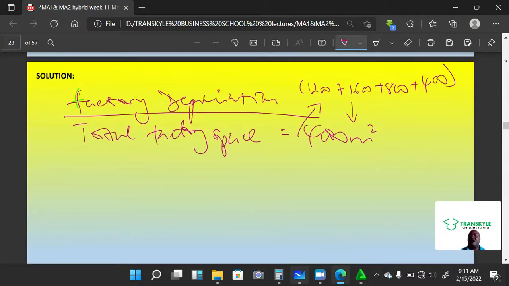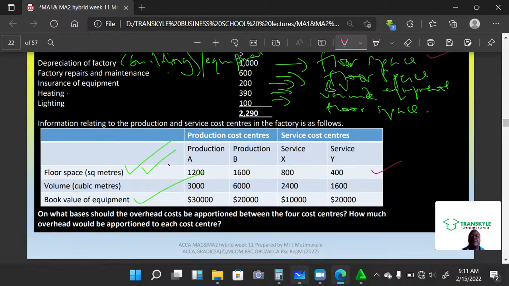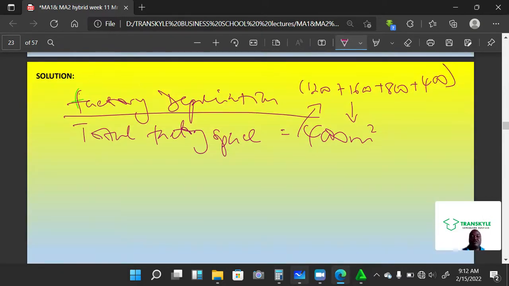Now to apportion to production cost center A, what we do is apportion depreciation overhead to production. You can just write here apportionment, so that you won't be confused.